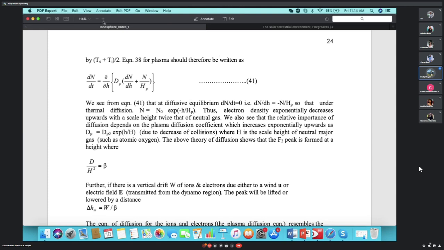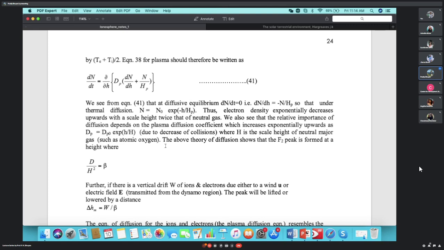So its electron density should be negligible at around 600 kilometer or less. If there had been a board, it would have been much easier to explain. But anyway, you can understand these are simple equations, but the terms: H_p is 2H, D_p is equal to 2D. So diffusion also will be twice that of your normal gas.